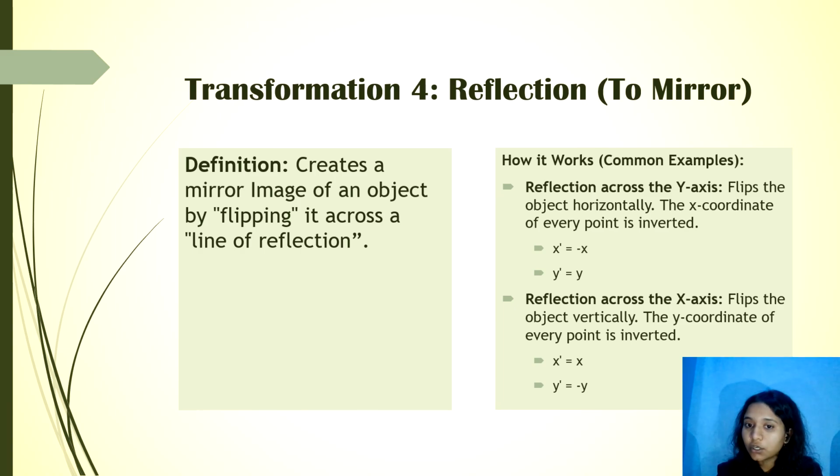The x-coordinate of every point is inverted. That is, y dash is equal to y, and x dash is equal to negative of x, if we are reflecting across the y-axis. And if we talk about reflection across the x-axis, it flips the object vertically. The y-coordinate of every point is inverted. x dash is equal to x and y dash is equal to negative of y.